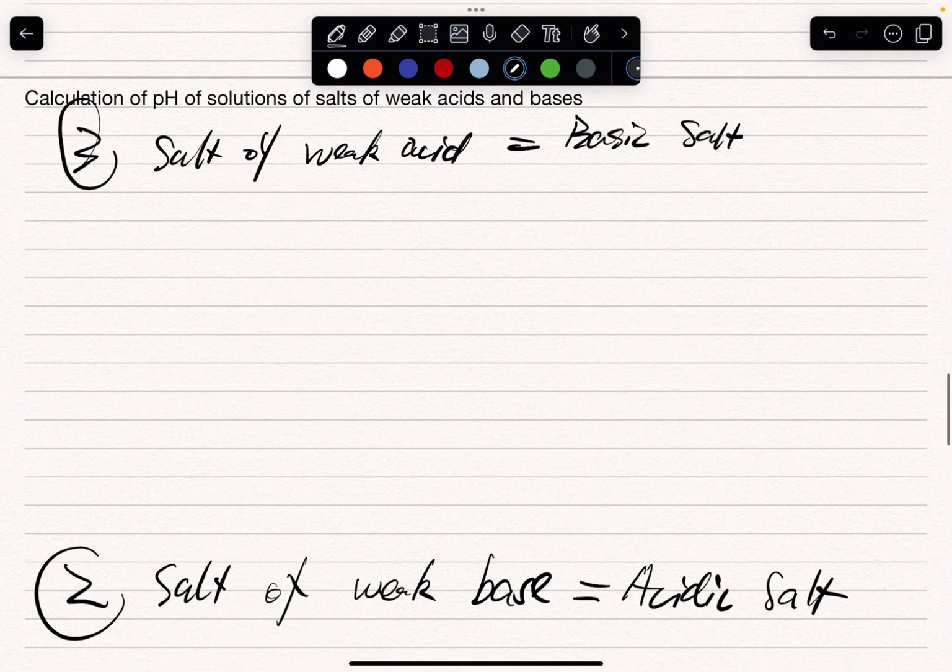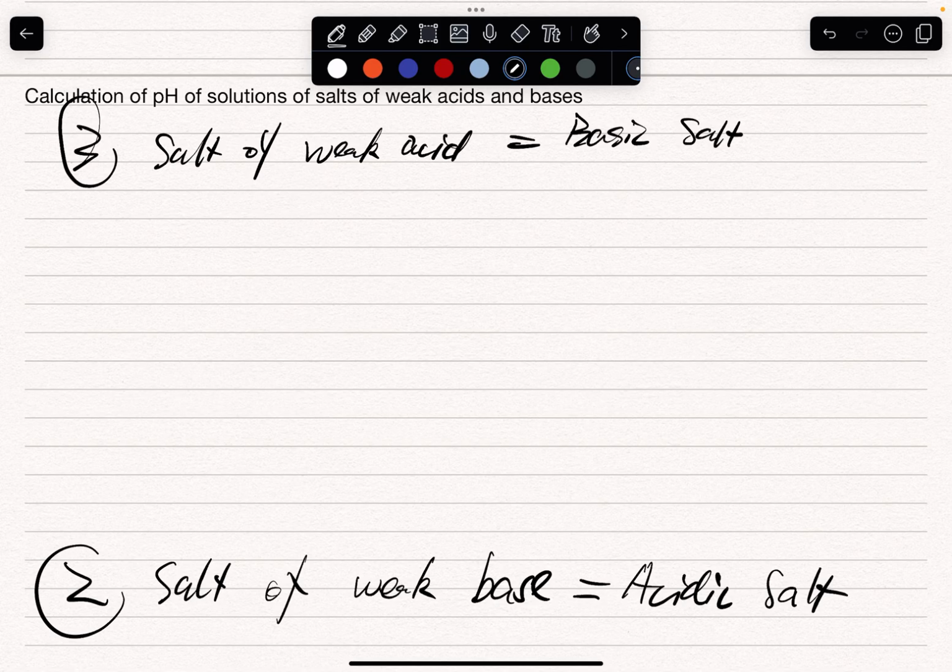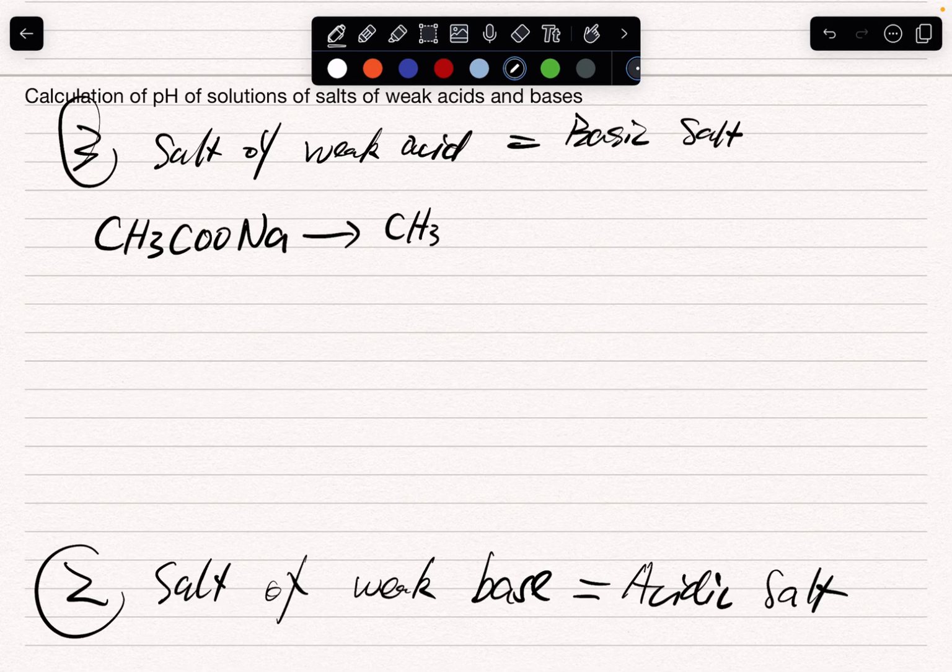Okay, so let's do an example, okay? Let's come up with a basic salt. So I can say CH3COONa, okay? This salt is basic. Why? Because we know that this breaks down into CH3COO minus and Na plus, right? And this guy is really from a weak acid, acetic acid, CH3COOH, right?